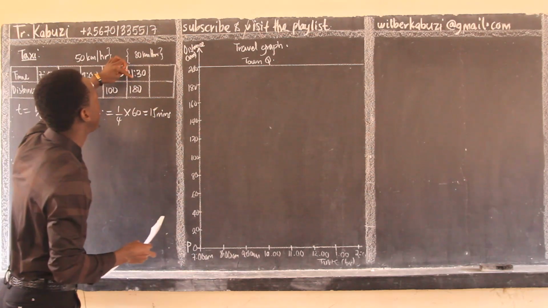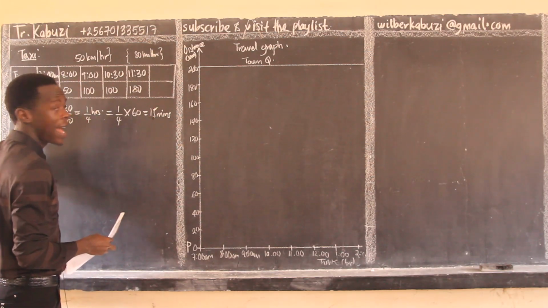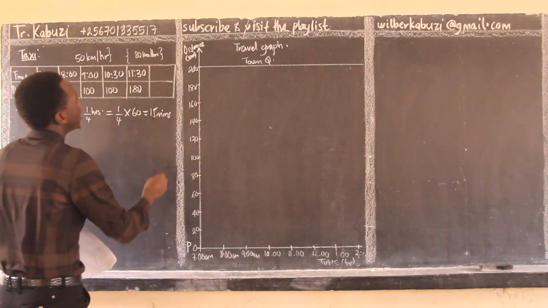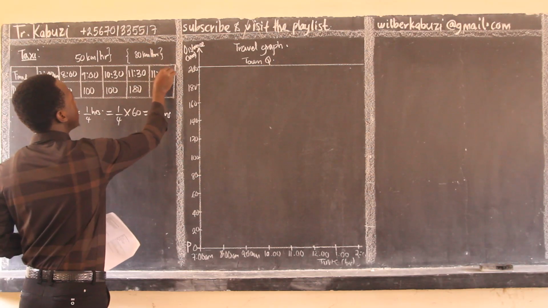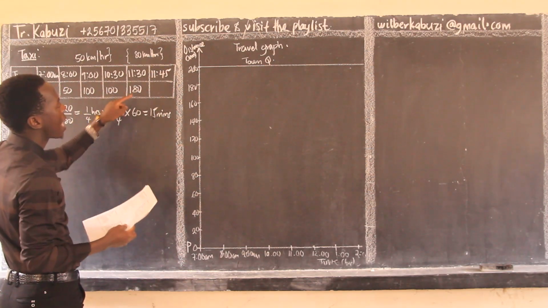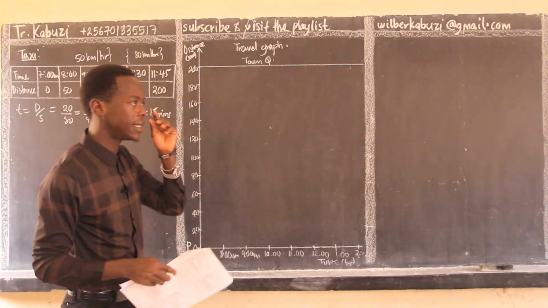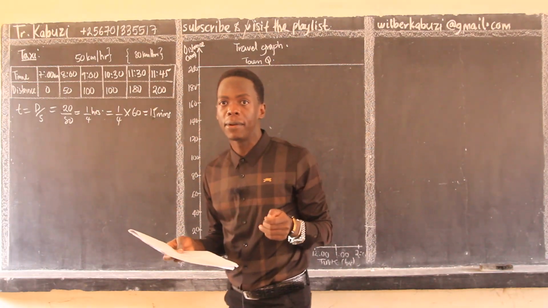So meaning if I add 15 minutes here, it means that it will take me 15 minutes to cover 20 kilometers if I'm using the speed of 80. So now I'm going to add 15 minutes here, so I'll be having 11:45. But in those 15 minutes, I'll cover the 20. So meaning if I add the 20 here, I'll be having the 200. So I would have reached town Q. So that's the simple logic there.